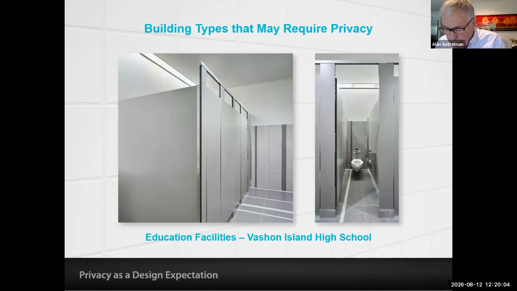Educational facilities such as universities and high schools may require additional privacy considerations, especially when creating all-gender restroom solutions, including those in dormitories, libraries, and other spaces that multiple genders occupy. The Vashon Island High School outside of Seattle took it upon themselves to renovate both a boys' and girls' restroom into 2 all-gender restrooms, the first of their kind in Washington State.